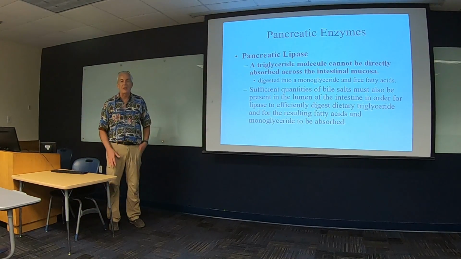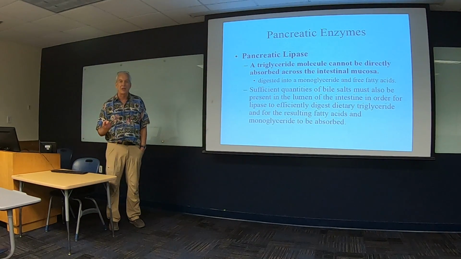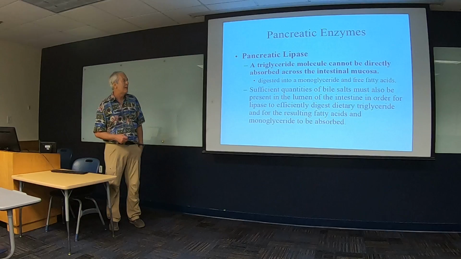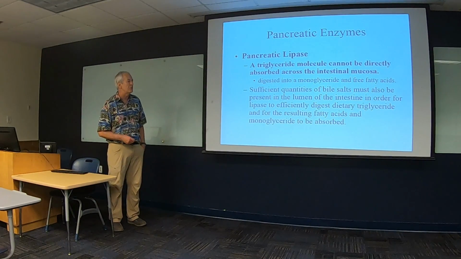So if an individual has pancreatitis, the physician will oftentimes look in the blood to see whether or not there's pancreatic amylase or lipase being found in the blood, which gives them an idea that pancreatitis is occurring.